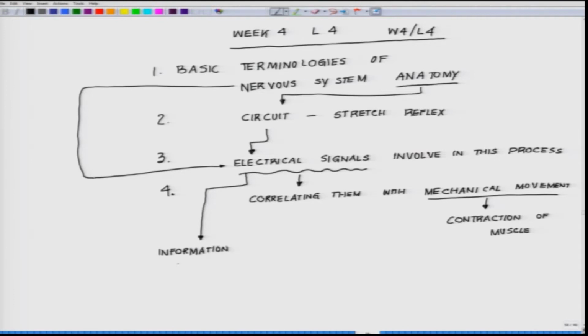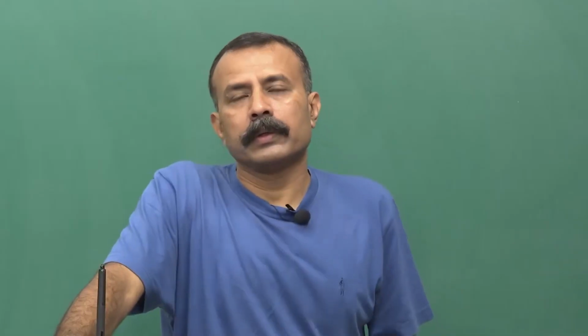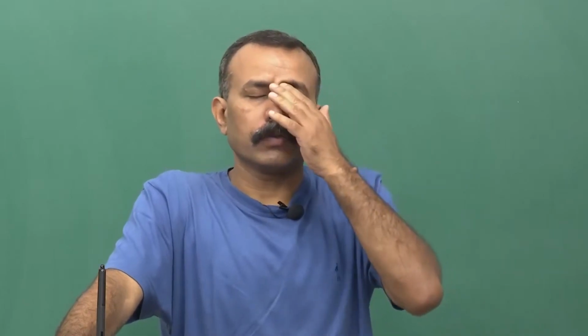When I am using the word information processing, this is happening in this simple circuit too. Out here also there is a significant amount of information processing which is taking place, which is leading to this contraction. So, information processing is the critical word or critical signature of the nervous system.